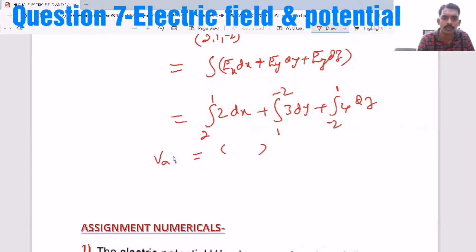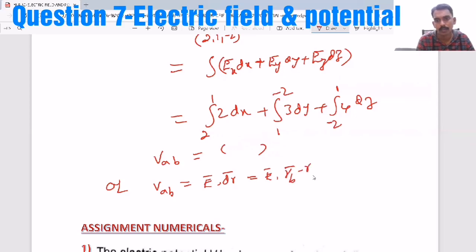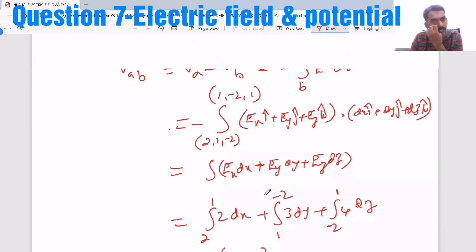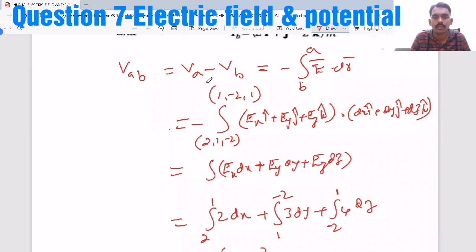That is VAB. Or else, what you can do is take VAB simply as E bar dot dr bar. Now, dr bar means rB bar minus rA bar, that is final position minus initial position.